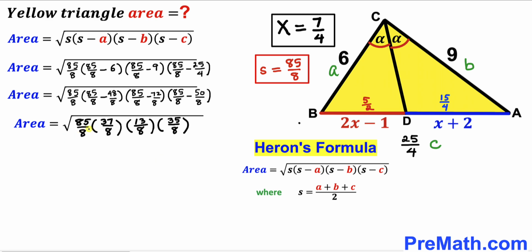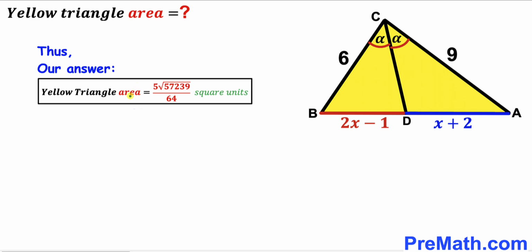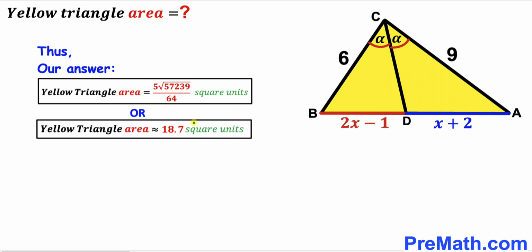So if we simplify, on the right hand side the area of this yellow shaded triangle is going to be 5 divided by 64 times the square root of 57,239. So the area of this yellow shaded triangle turns out to be 5 times the square root of 57,239 divided by 64 square units. That is approximately equal to 18.7 square units as well. And that's our final answer.